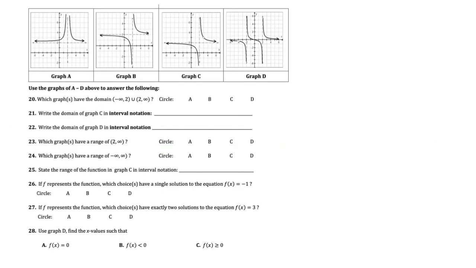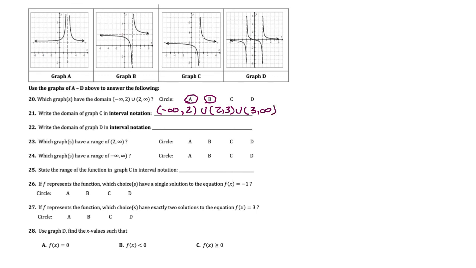So for number 20, which graphs have the domain negative 2 to infinity and 2 to infinity? They have A and B. For the next one, number 21, write the domain of the graph of C in interval notation. So they have from negative infinity to 2, union 2 to 3, union 3 to infinity.